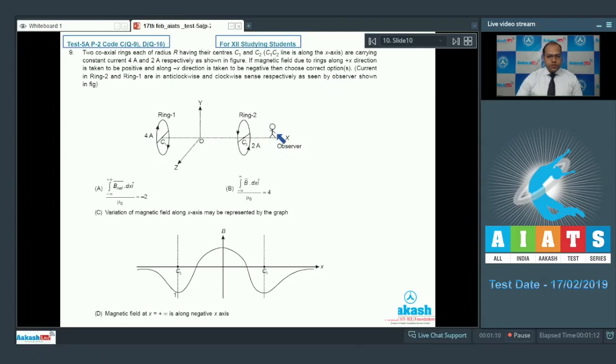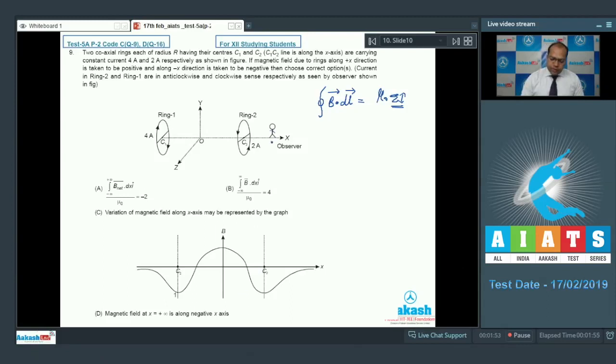So with respect to this observer, the current in ring 2 is anti-clockwise, and the current in ring 1 is in clockwise sense. With respect to this observer, if I apply Ampere's circuital law, then Ampere's circuital law is the line integration over a closed path of B dot dl equal to mu naught into summation I, that is current enclosed in the considered Amperian loop.